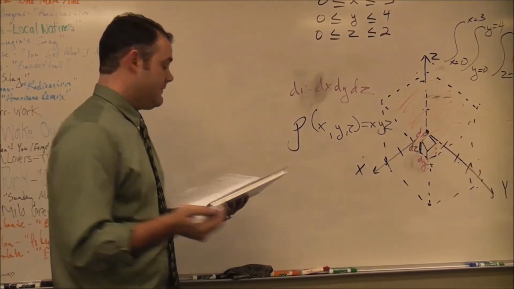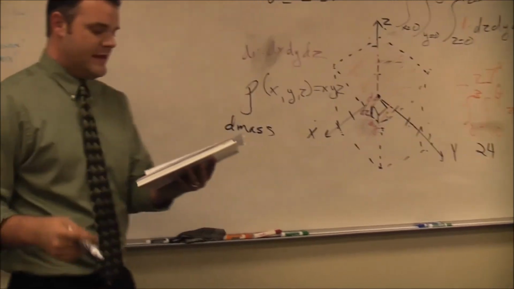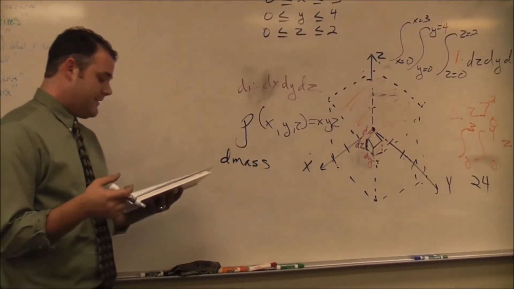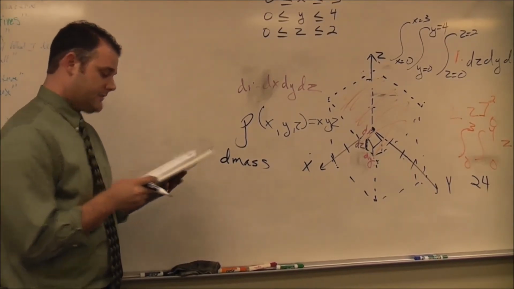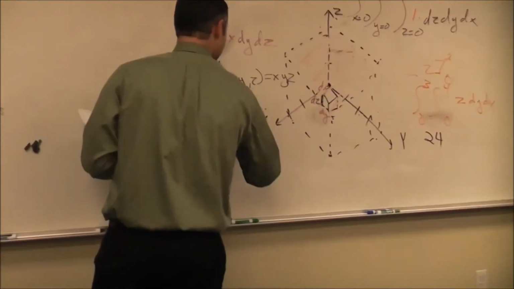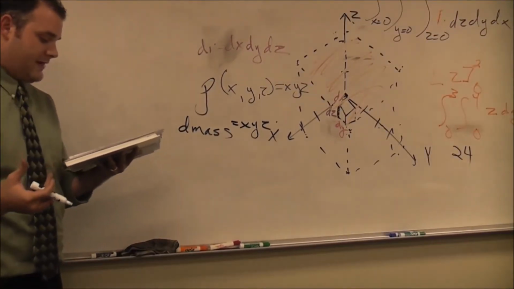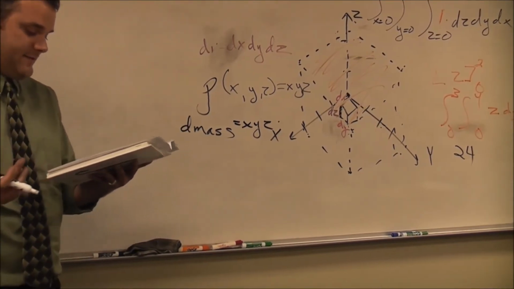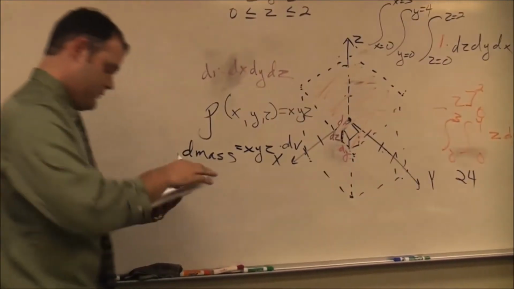So we could say that the differential mass, or a very small mass, dm, is going to be equal to the density at that point, ρ(x, y, z), times the volume of that small mass. And that volume of that small mass we could write as dV.